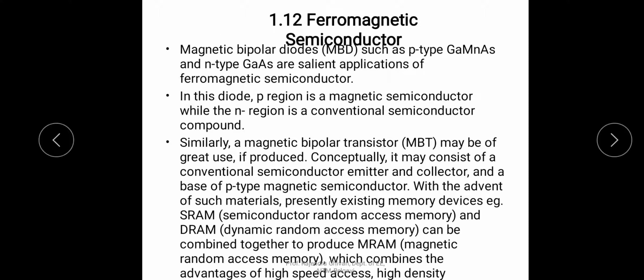Now we'll be looking at ferromagnetic semiconductors. As I said, spintronics is a combination of ferromagnetism as well as a semiconductor. So spintronics is based on the spin of electrons rather than the charge. So the electron is going to exist in two states, namely spin up and spin down.